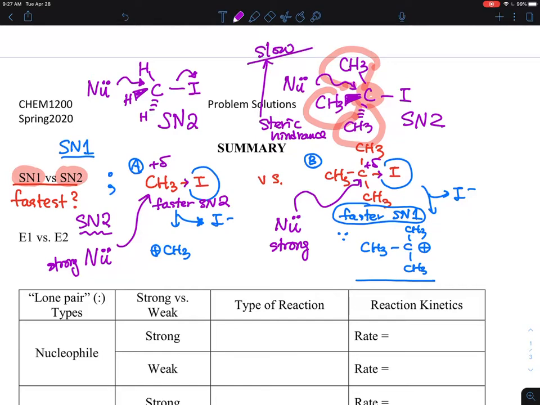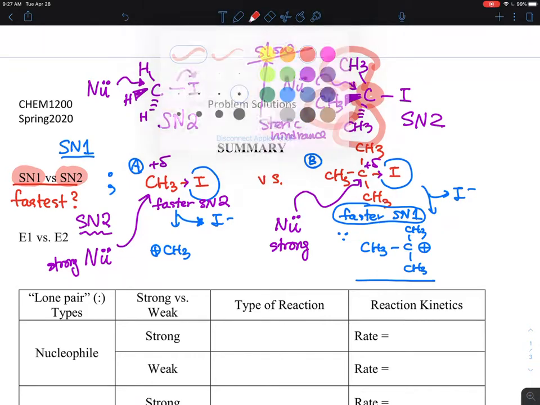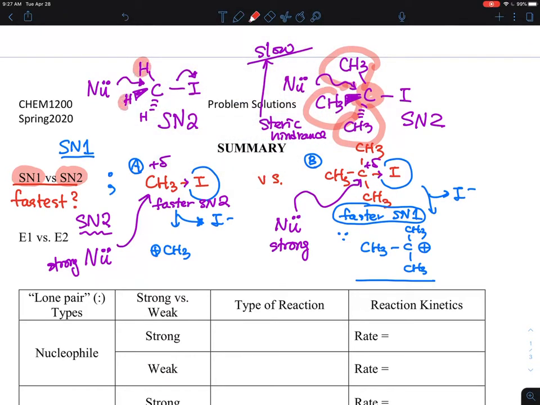Whereas here, if you look at the other side, it's just a small hydrogen, so this one has an easier way to go in. It's all about the steric hindrance. So SN2 is faster when you have just a simple CH3I.